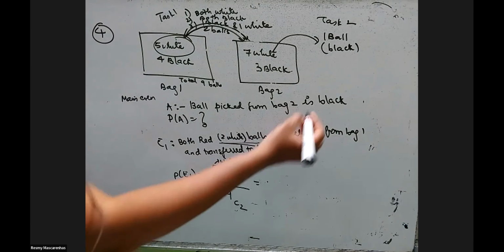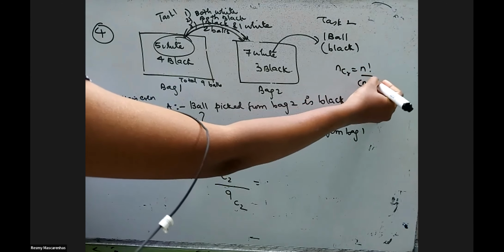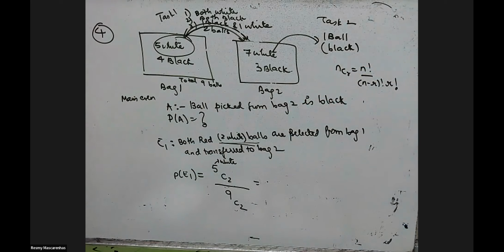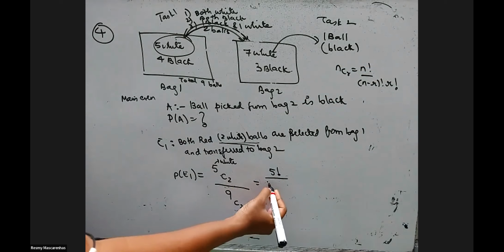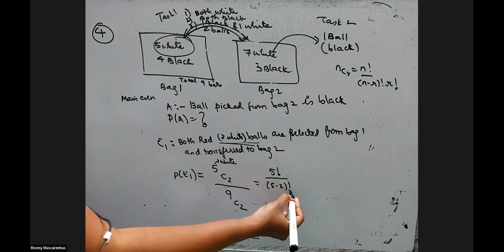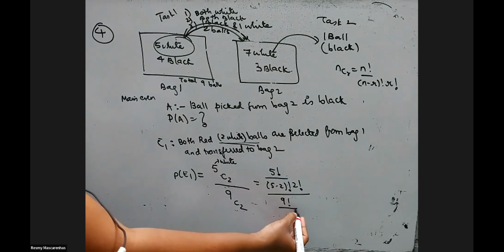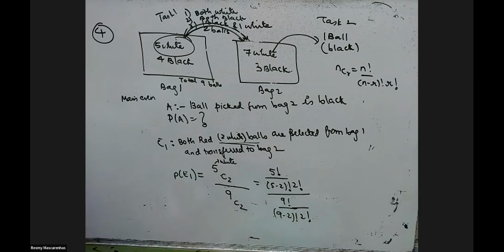How to calculate nCr? The formula is n factorial upon n minus r factorial into r factorial. So this will be 5 factorial upon 5 minus 2 factorial into 2, and 9 factorial upon 9 minus 2 factorial into 2.